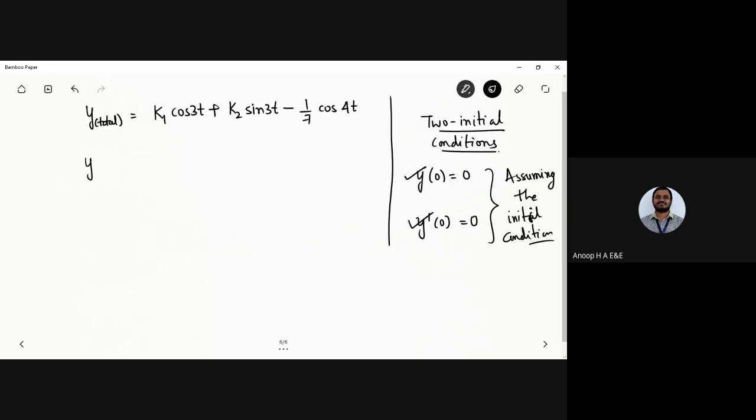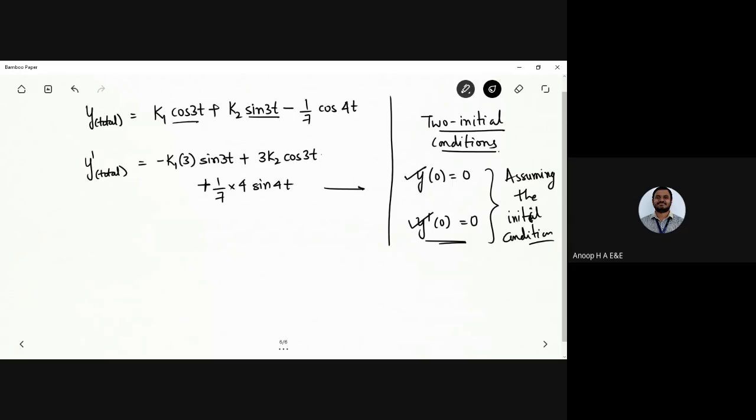So I'll be differentiating this equation once more, to go for the second condition. Let me differentiate it once: negative k1 times 3 sin 3t, plus 3k2 cos 3t, minus 1 by 7 cos, that is there, plus 4 sin 4t.